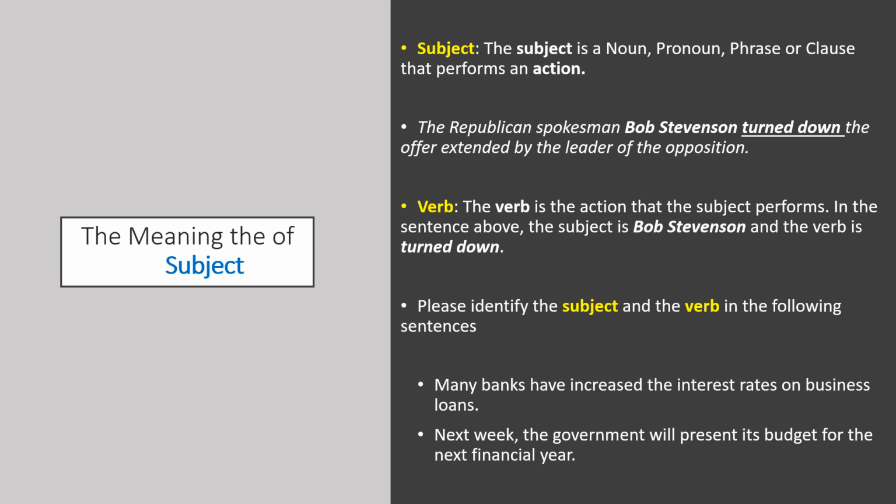Next week, the government will present its budget for the next financial year. You have identified the subjects and the verbs. In the first sentence, the subject is many banks and the action or the verb is have increased. And in the second sentence, the subject is the government and the verb is will present.